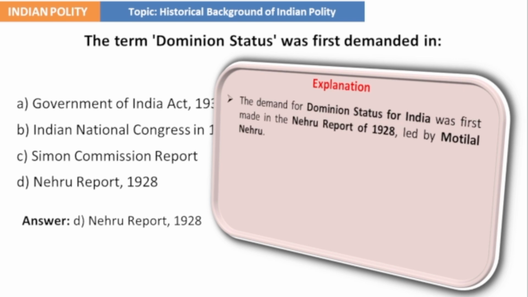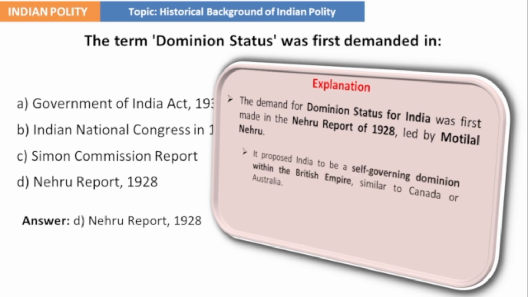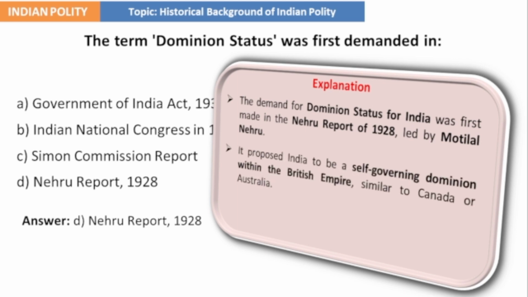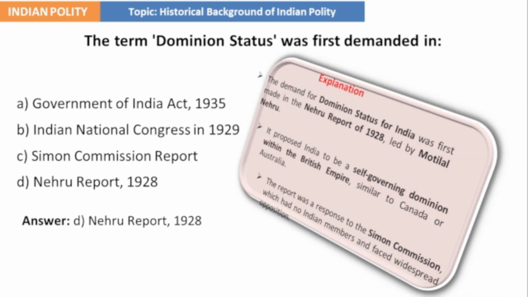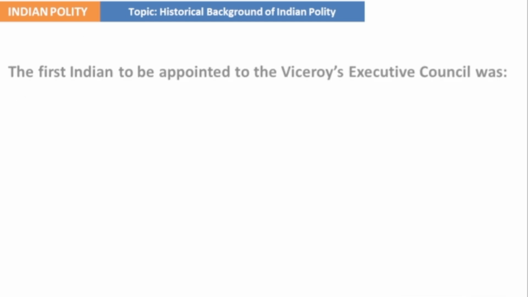The demand of dominion status for India was first made in the Nehru Report of 1928, led by Motilal Nehru. It proposed India to be a self-governing dominion within the British Empire, similar to Canada or Australia. The report was a response to the Simon Commission, which had no Indian members and faced widespread opposition.